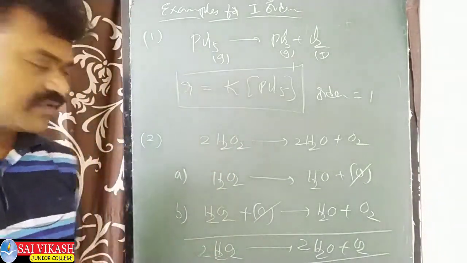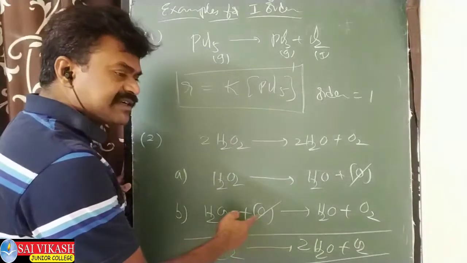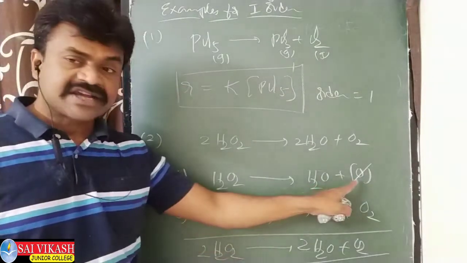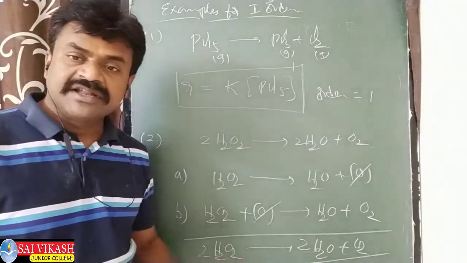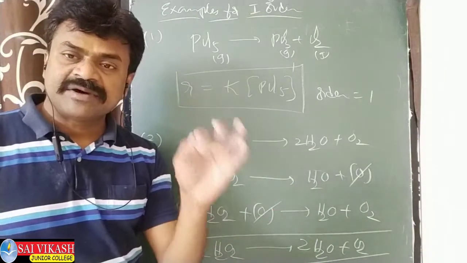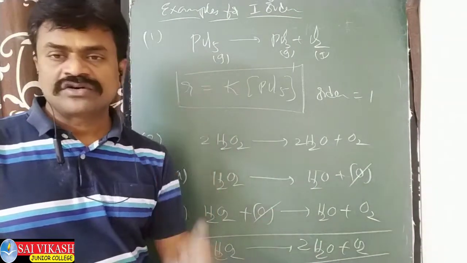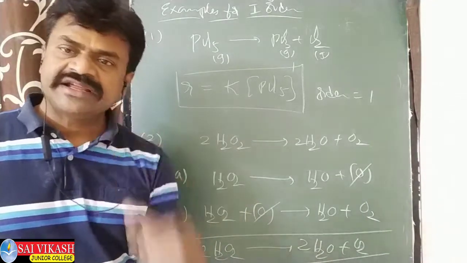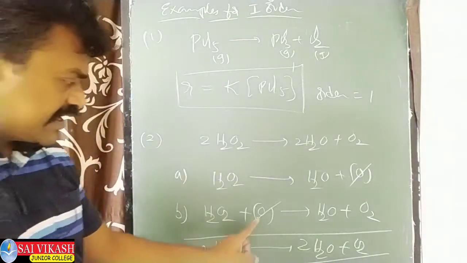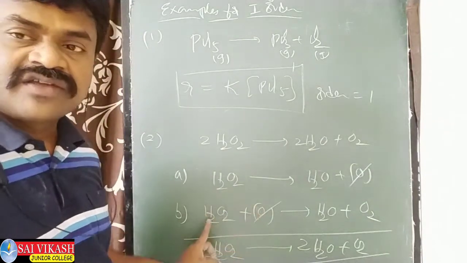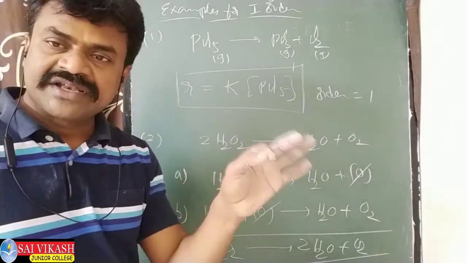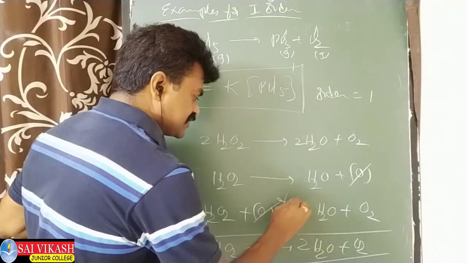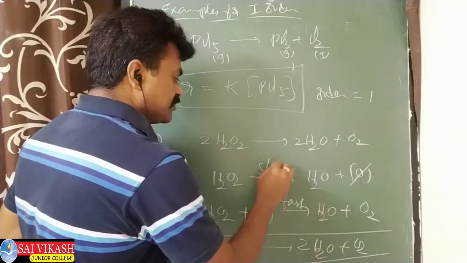Let us decide now. In this reaction, nascent oxygen is coming. Nascent oxygen is a highly powerful, highly reactive oxygen atom. Highly reactive means it is quickly involved in the reaction, so the reaction involving nascent oxygen is very fast. So this is fast, and this will be the slow reaction.